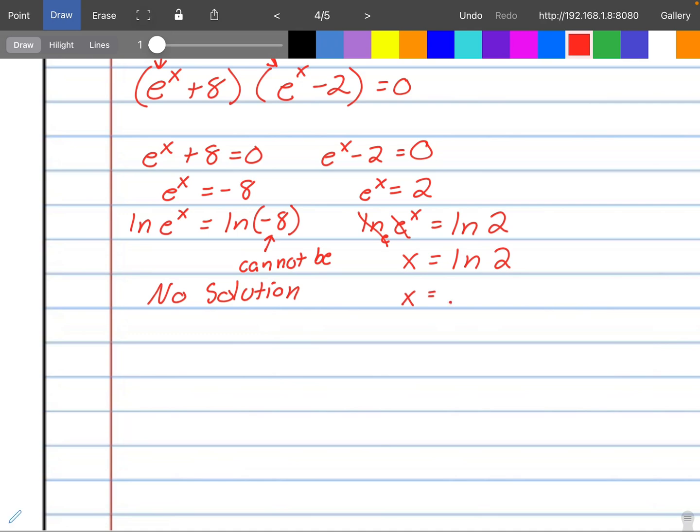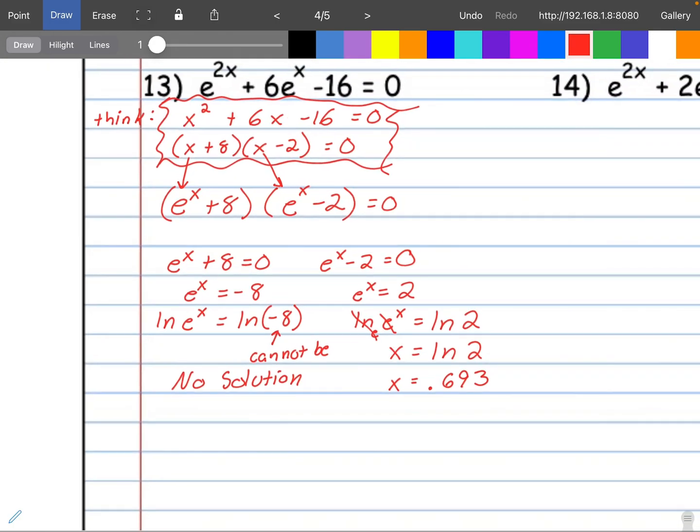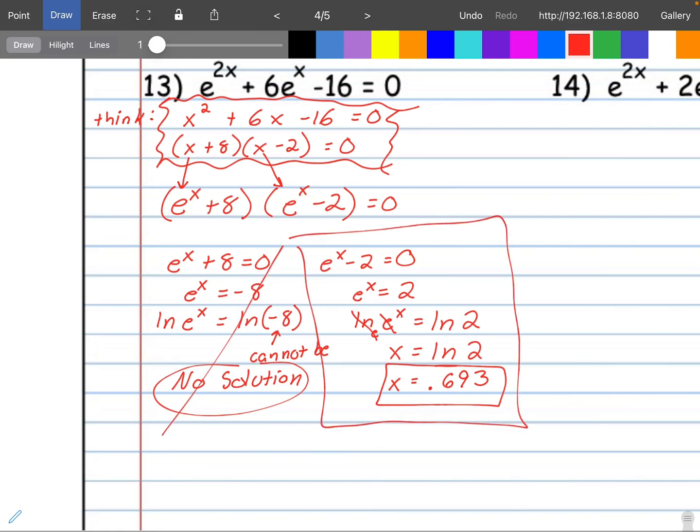When you type ln 2 into your calculator, you are going to get approximately 0.693. And so that would be our one and only solution. There were no solutions here, therefore, that one meant nothing. This one, however, did give me a solution, so I get to keep that one.